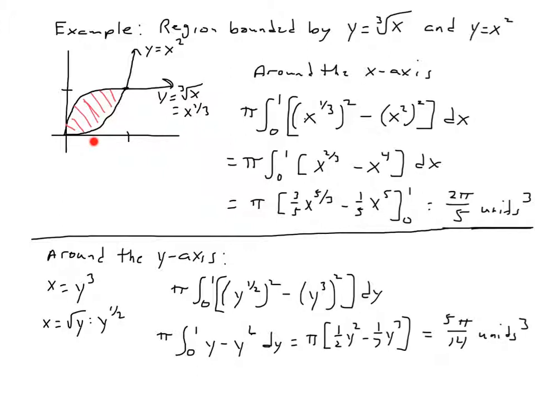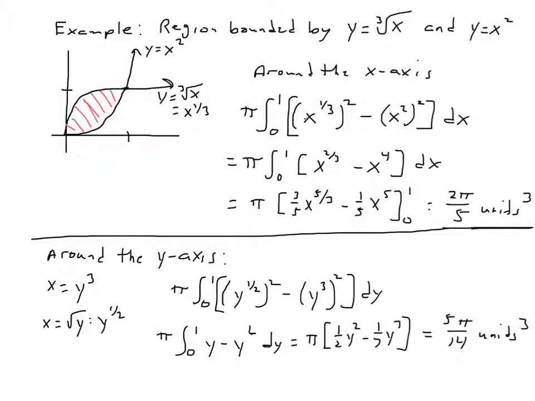The boundary of the region closest to the x-axis is going to be my inside radius, which in this case is x squared. Please note, if you are ever in doubt, start from your axis of rotation underneath that region and go up. The first one you come to is going to be your inside radius. The second one you come to would be your outside.